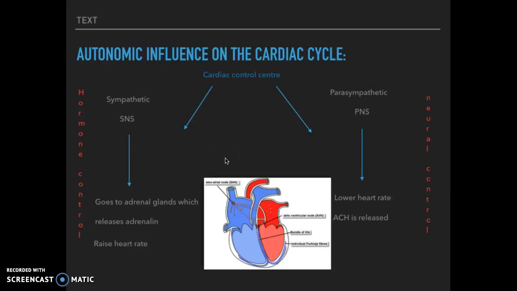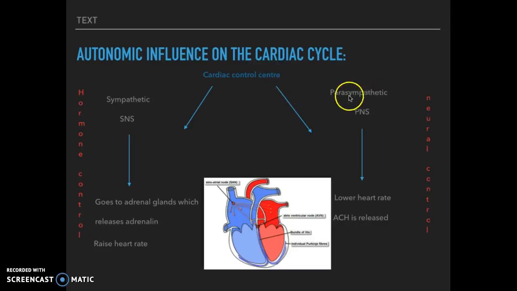The parasympathetic nervous system will lower your heart rate, so it'll slow it down, and the sympathetic nervous system will speed it up. And they both have different ways of sending the impulse. So this cardiac control center is all found in this really confusing word called the medulla oblongata.